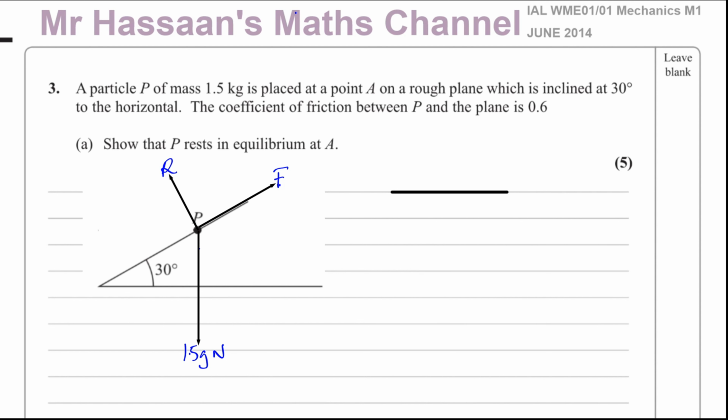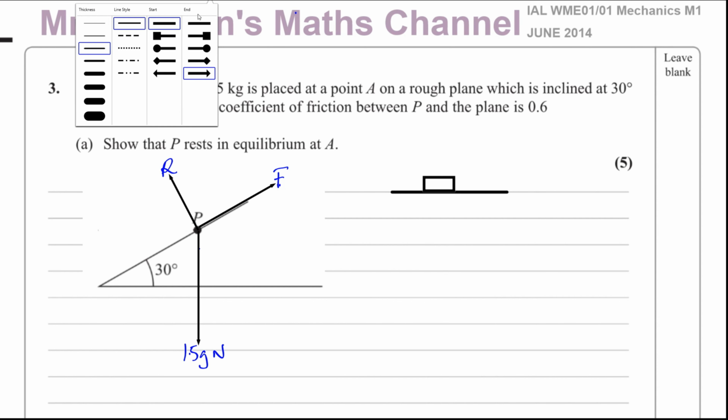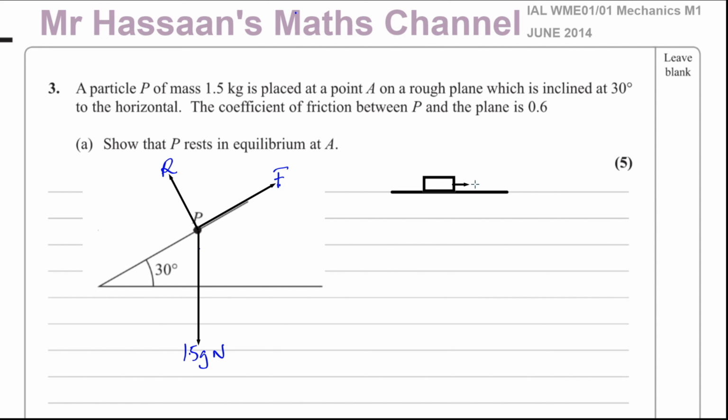If you have a rough surface and some sort of block resting on it, and there's no force being applied onto this block at all, it's just completely still. In that case, the friction will be 0 because it's not trying to move. However, if there's a force acting in this direction, say 5 newtons, then the frictional force will act in the opposite direction to oppose the motion.